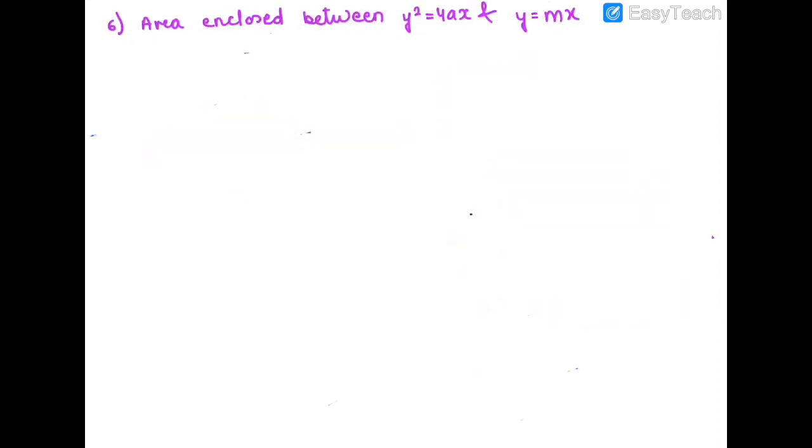Miscellaneous 8 and question number 6, and that says find the area enclosed between a parabola. So a parabola y square is equal to 4ax is opening here on the right hand side. This is y square is equal to 4ax, and a line y is equal to mx. Y is equal to mx is a line that passes through the origin.